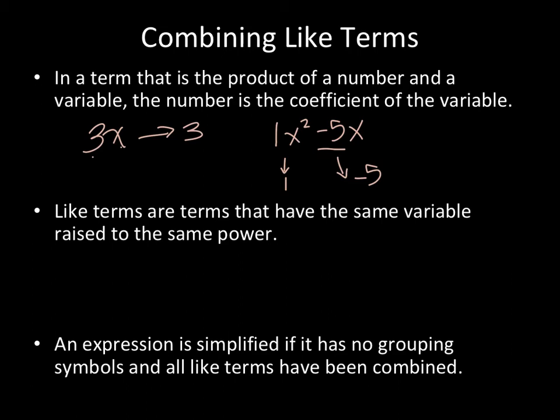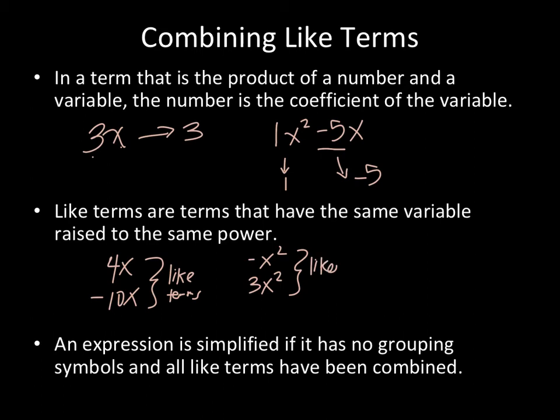Like terms are terms that have the same variable raised to the same power. So for example, if you have 4x and negative 10x, these are both like terms. If you had negative x squared and 3x squared, those are like terms.